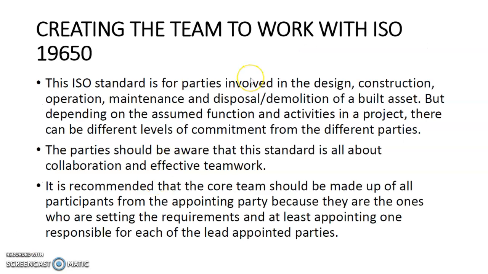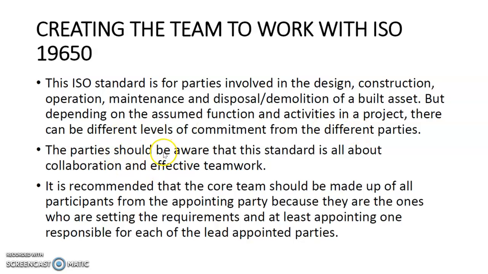So how do we create the team to work with this ISO standard? Well, this ISO standard is for parties involved in the design, construction, operation, maintenance, and disposal, demolition of the built asset. But depending on the assumed functions and the activities in the project, there could be different levels of commitment from the different parties.